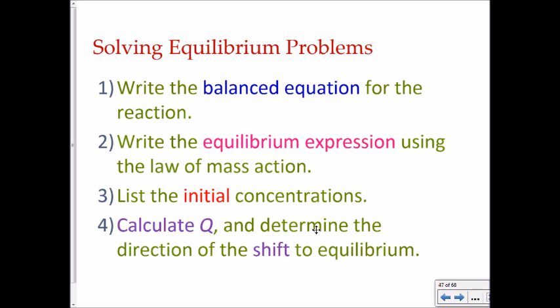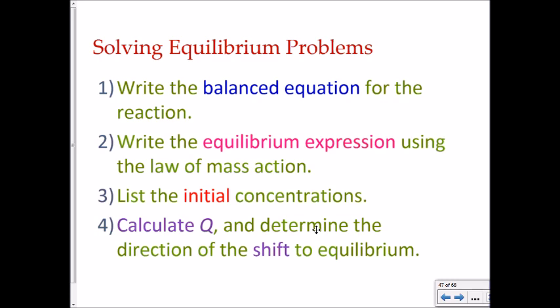All right. Some generalized information. You don't really need to write this down. When we're solving equilibrium problems, the rice part, the R, is to write down your balanced equation. You also need to make sure that you put in your initial concentrations, that you write out your KEQ expression.